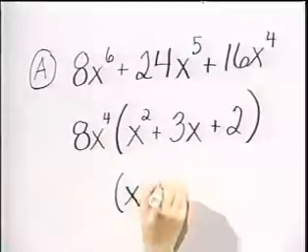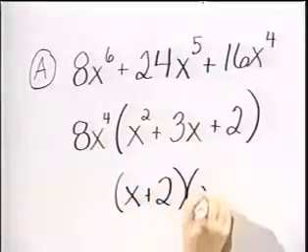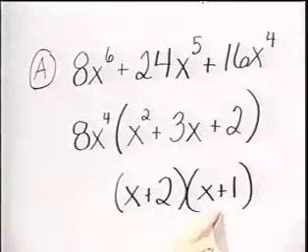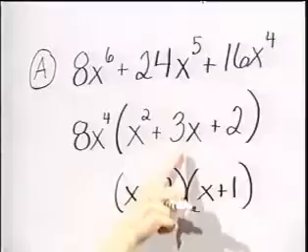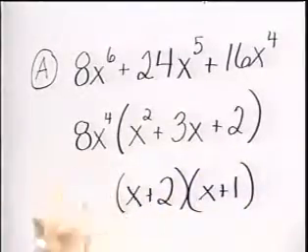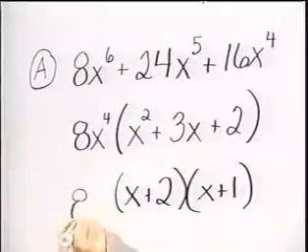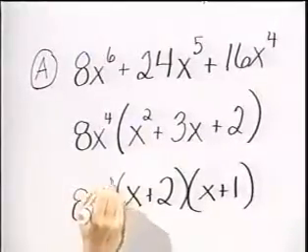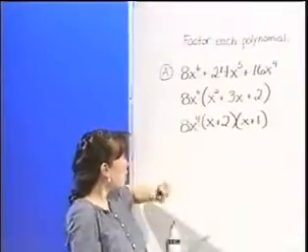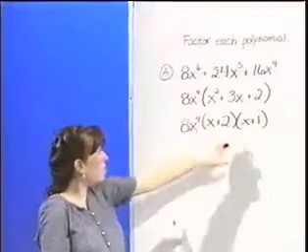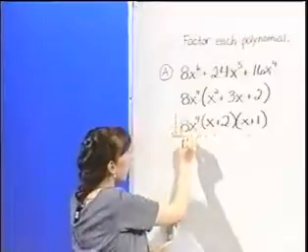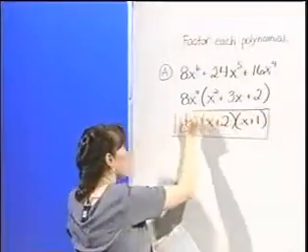Let's try the number 2 and the number 1. If we have x plus 2 times x plus 1, we should get x squared plus 3x plus 2. And don't forget about 8x to the 4th. That is still part of your problem, so it must come along in front. If you were to multiply these three factors together, you should get the result that you started with. So that's the first one factored.